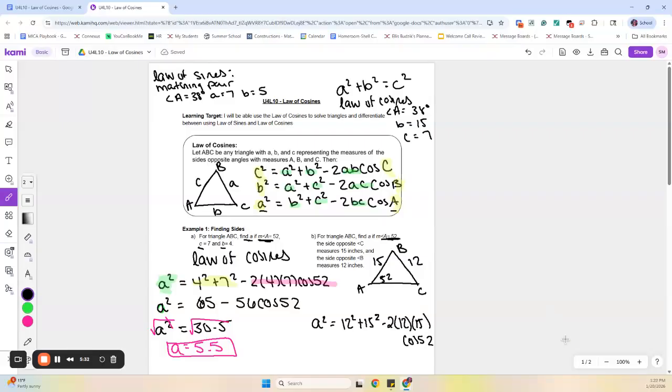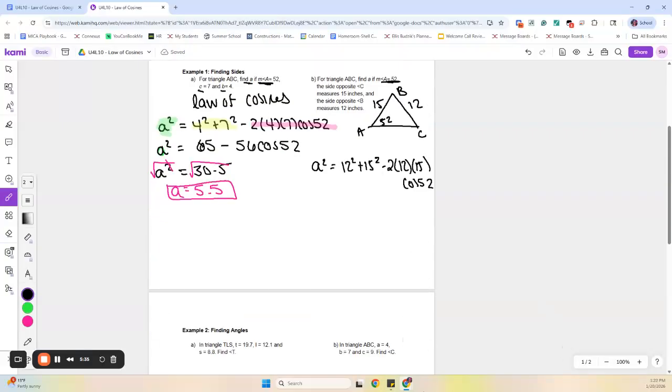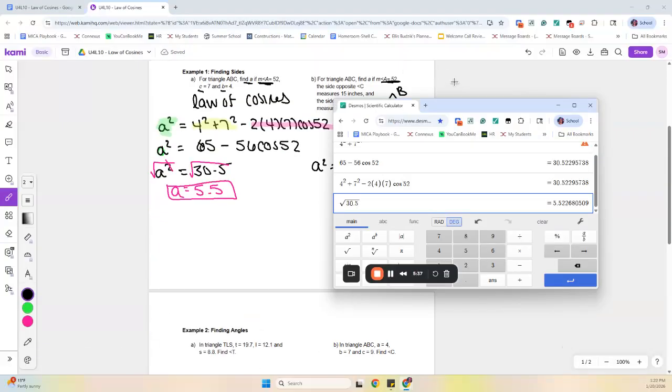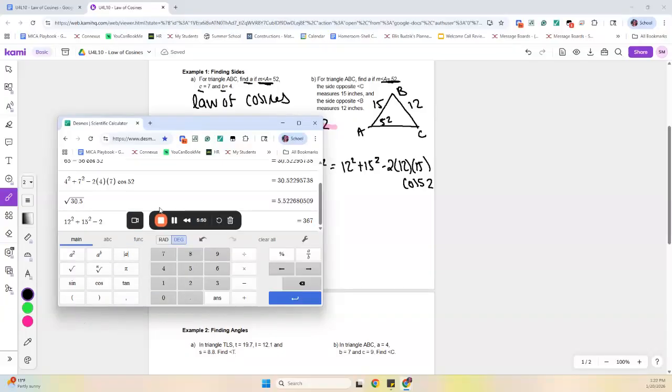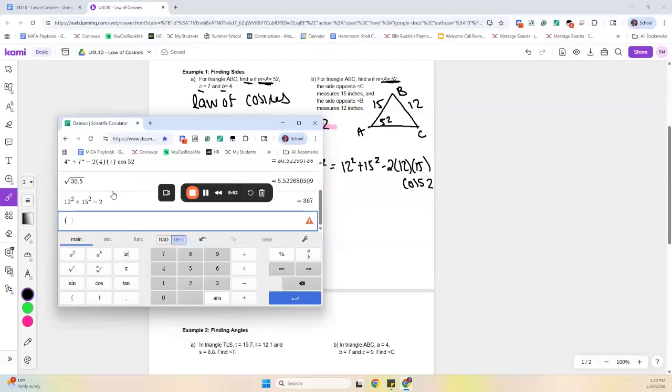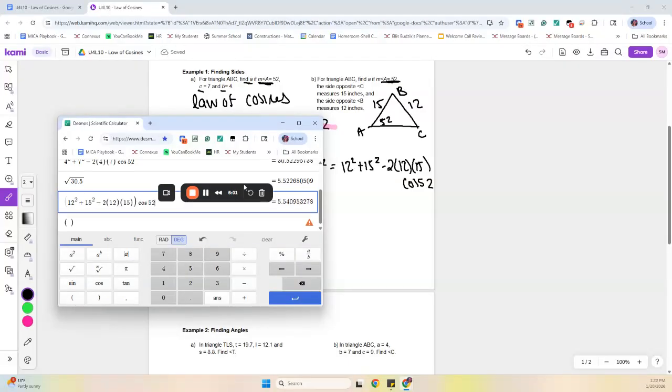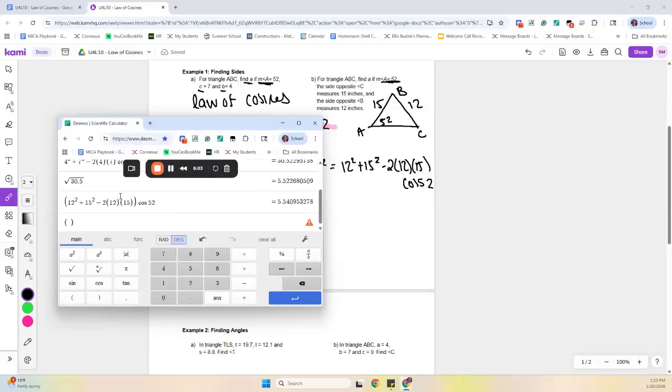And again, I could just enter all that into my calculator in one go. So I grab my calculator, and then we're going to have 12 squared plus 15 squared minus 2 times 12 times 15 times cosine of 52.